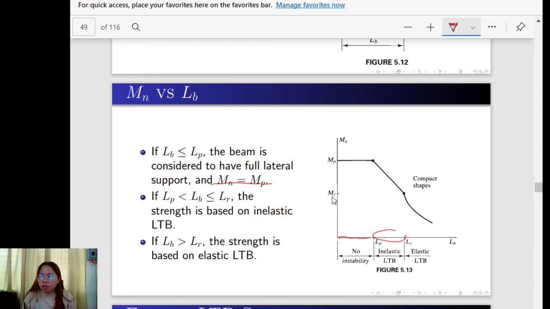So your moment will be between this M sub R and M sub P. If the unbraced length L sub B is greater than L sub R, the strength is based on the elastic lateral torsional buckling. So, what is elastic? It did not reach the proportional limit. It buckled already, it did not yield. Meaning, your member section is unstable.